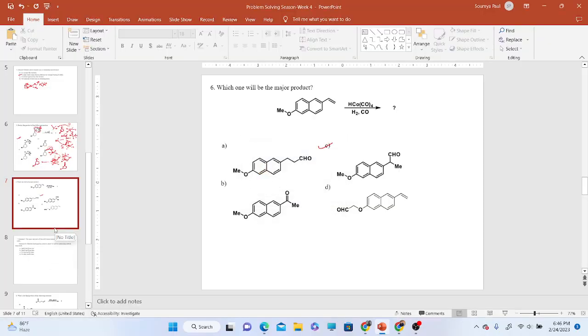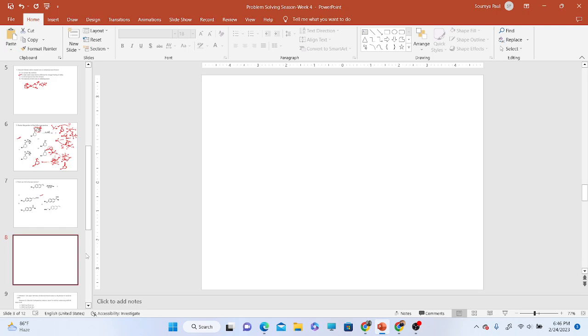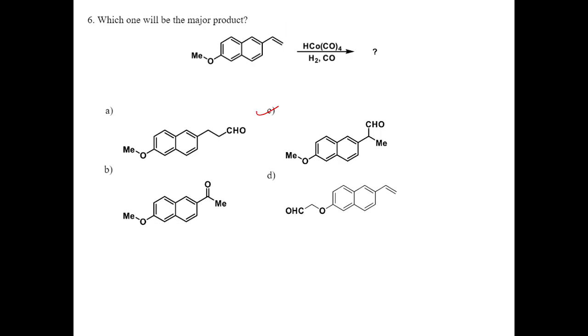First, put another slide here. Okay, so what will happen is that you will take this catalyst, right? So what was the catalyst? This is a cobalt catalyst. First step is ligand dissociation.